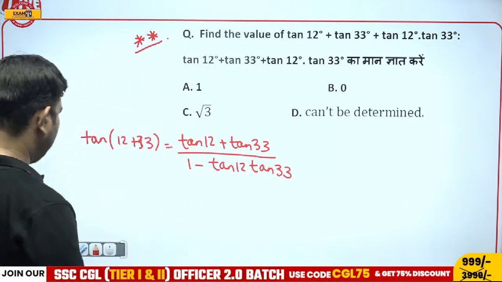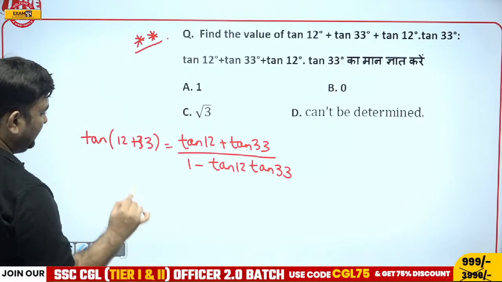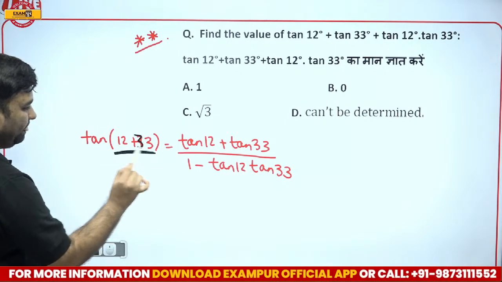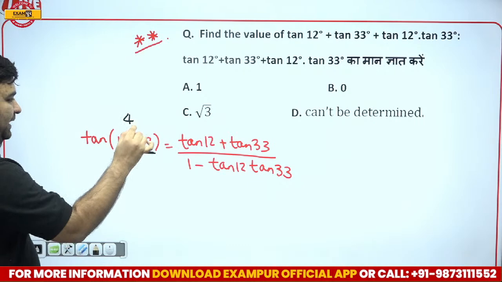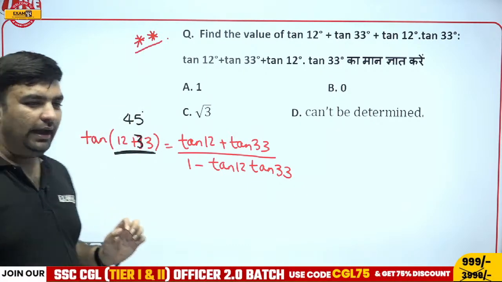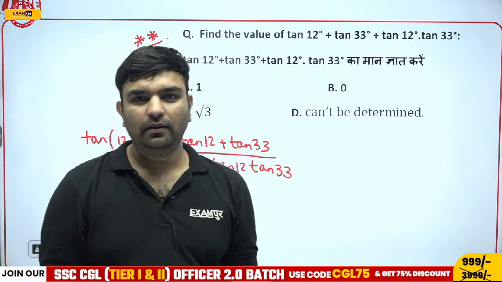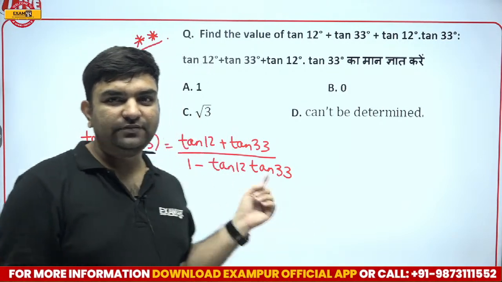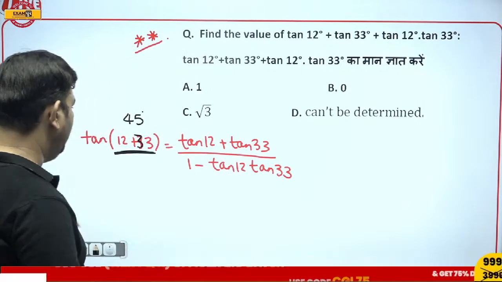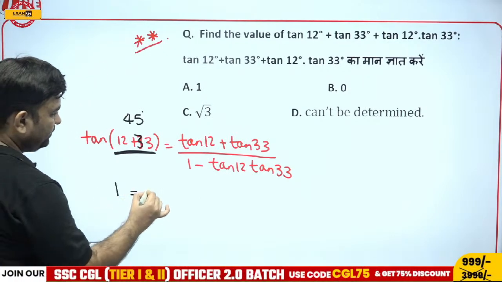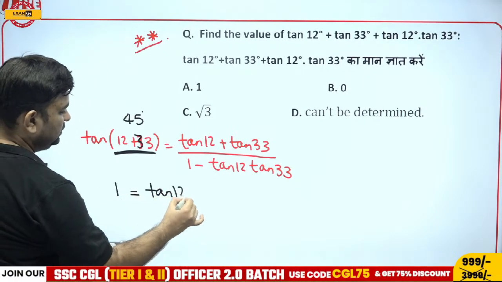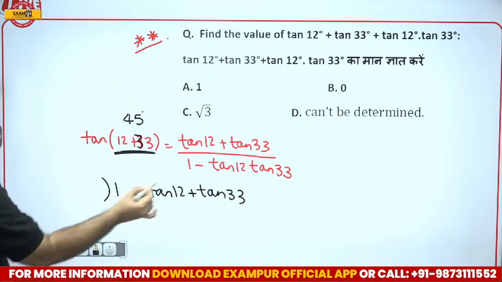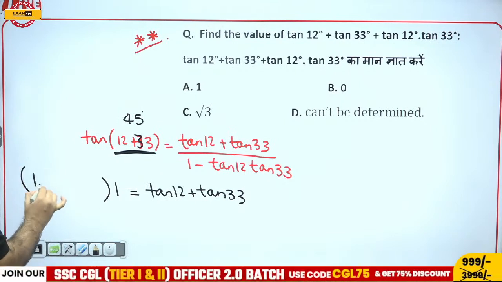Now, what is the game he played? The game he played is that it is 45, and tan 45 value we know is 1. And this is coming in the cross multiplication.